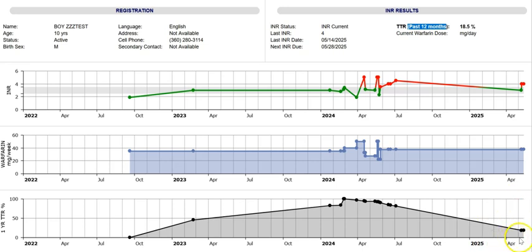And we end up with a fairly low TTR at 18.5%. So what that's saying is that in the past year, from this point to this point, the number of days that the patient was in therapeutic range was only 18.5%.